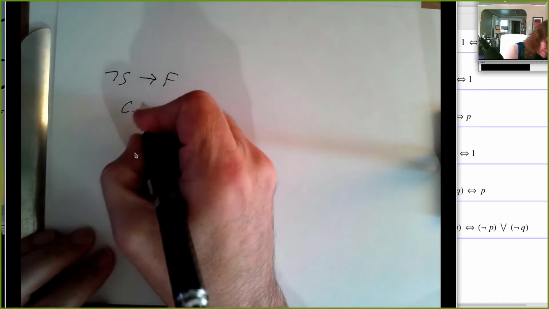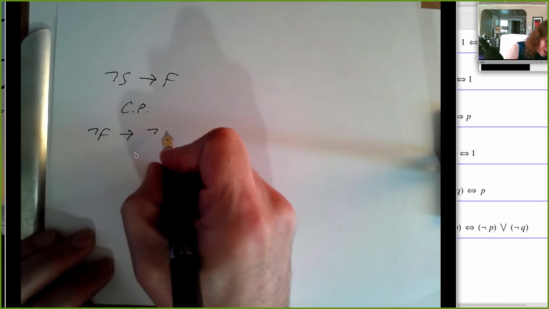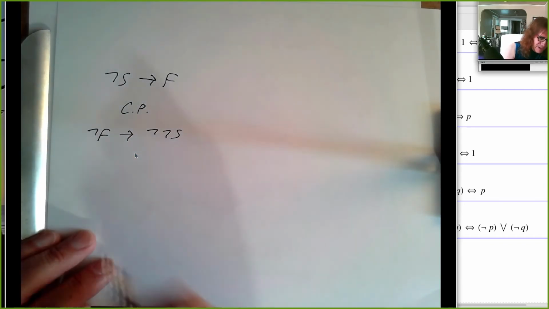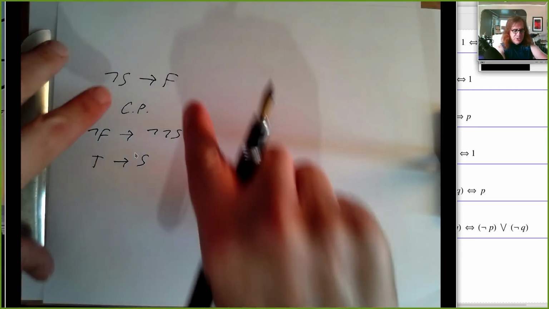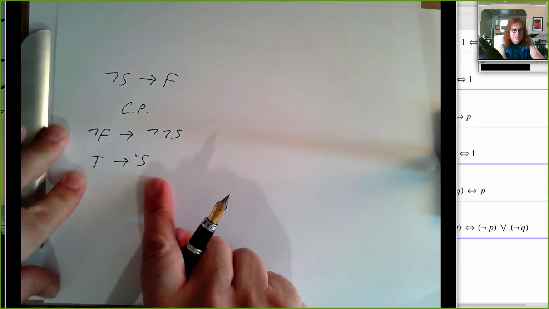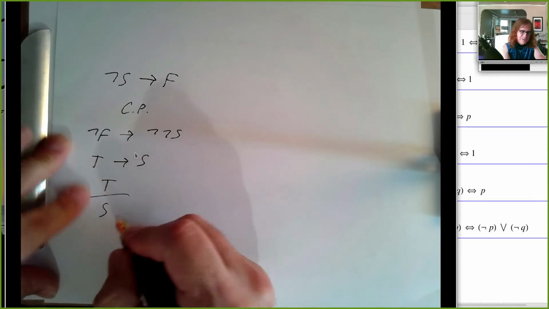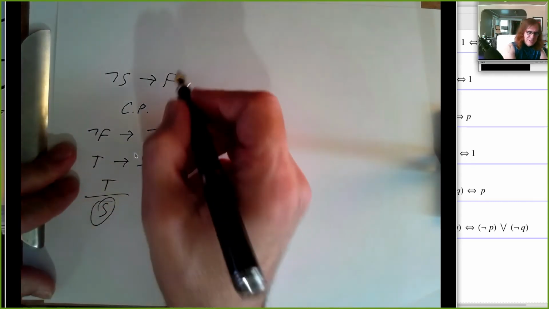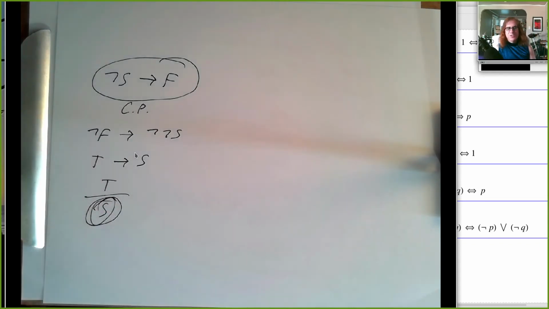Well, take the contrapositive of that, and not false implies not S. Not false is true, not S is S. So showing this is equivalent to showing that true implies S. Well, we know that true is always true, so this is equivalent to S. So logically, proving this is the same thing as proving that, because those are identical statements.